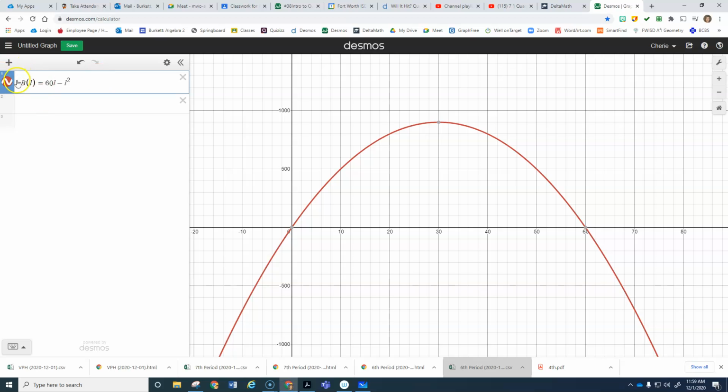Oh, and by the way, do you have to do B of L and use L's? No, you could do y equals 60x minus x squared. And if you put x values in right there, I don't think it would work if you left the B of L off. If you just tried to type it in, let's see what would happen if you did that.